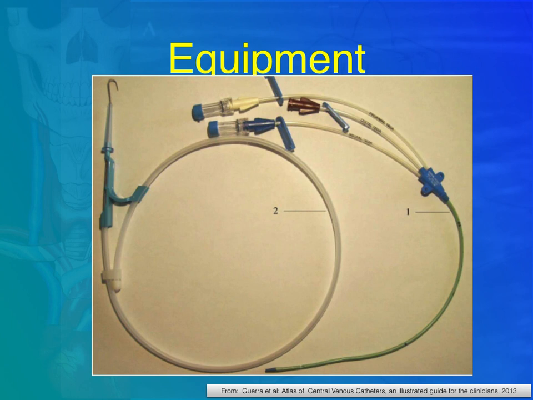This is the catheter you will find in the central line kit. The catheter, 1, at the end will be placed over the wire you see in 2. This technique is called catheter over the wire or Seldinger technique and is one of the most common techniques used in placing tubes.